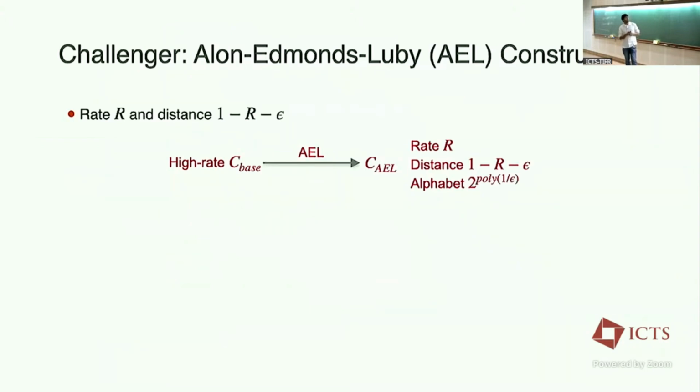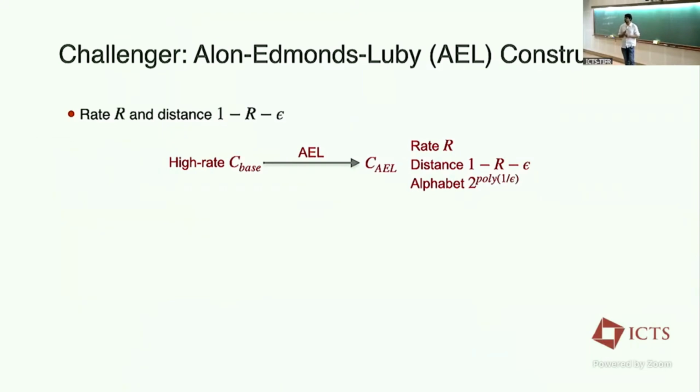And the AEL construction should be seen as a challenger in some sense, where you get similar rate-distance trade-offs up to this epsilon. But you can start from any base code. All we need this base code to be is a high rate code. So when the rate is high, say 1 minus epsilon, the distance has to be small, right?